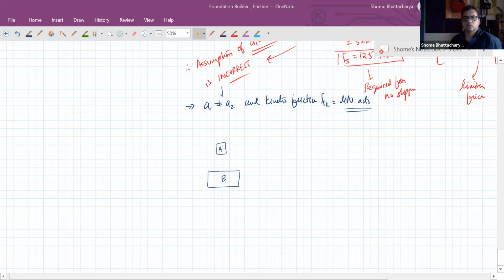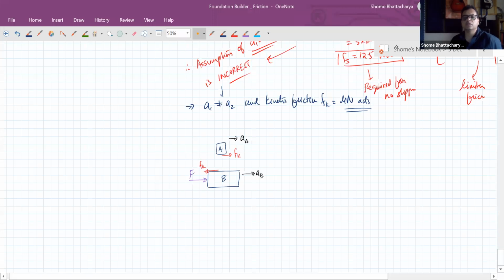Yeah, what should not be equal, Hitanshu? You can see kinetic friction is acting between them. So they will not have equal acceleration. That's what I said. So that's why the answer is not correct. Now we have to work out the new answer.